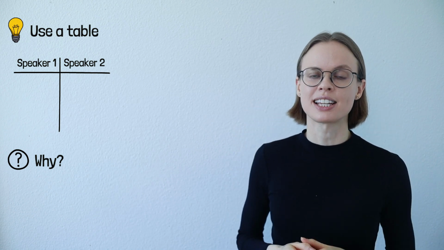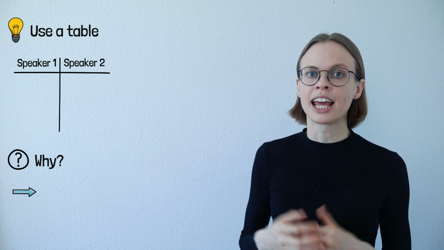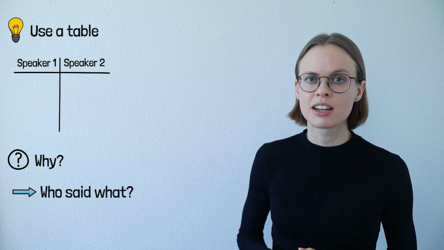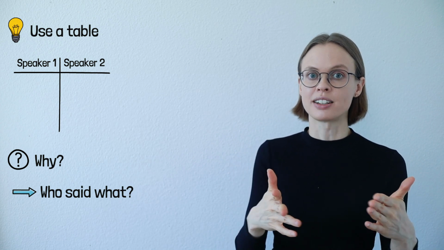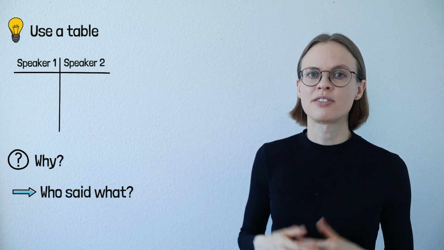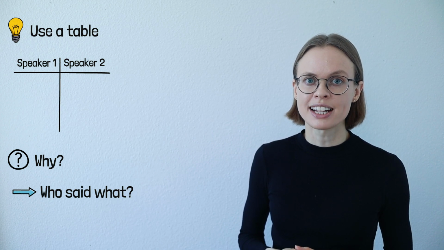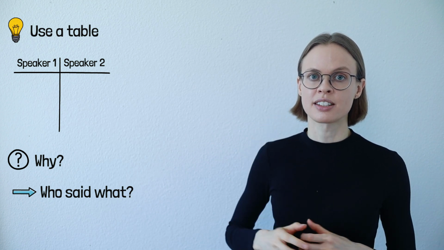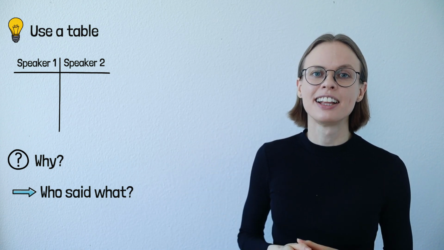If you don't use a table for conversations, you will need to write down who says what. Because if you don't do that, you won't know who said what when you are answering the questions. The problem is that it's very time consuming if you always have to write down the name of the person that is talking. So a table makes your life a lot easier.